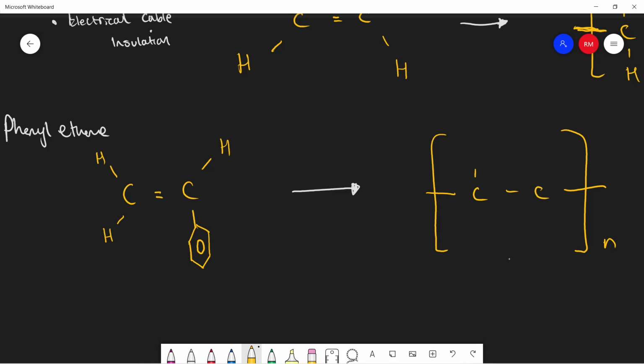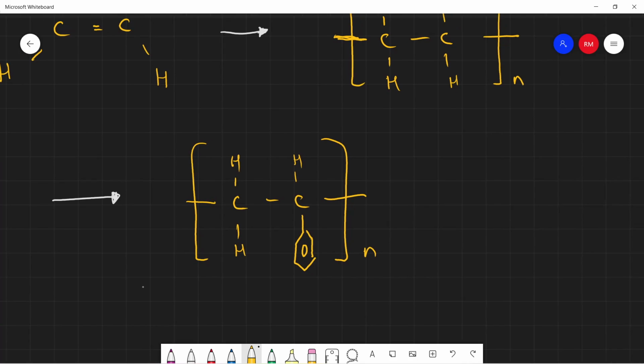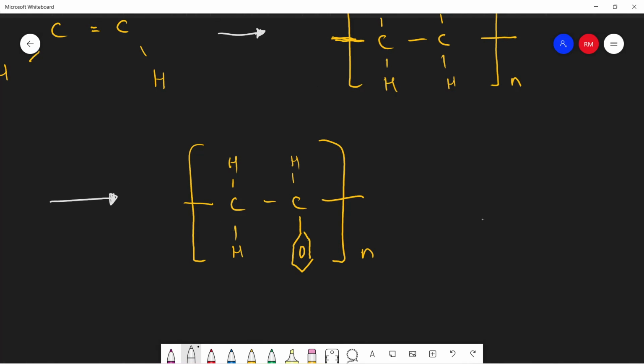So we're going to draw in our hydrogens here, and literally all we do is draw in our aromatic group, our phenyl group, right there, and its common name polystyrene. I hope I'm not butchering that name.